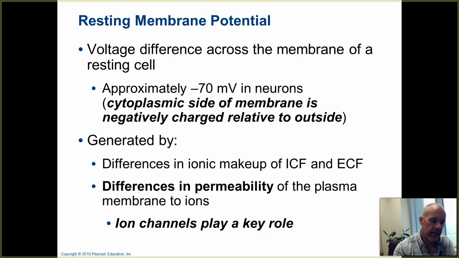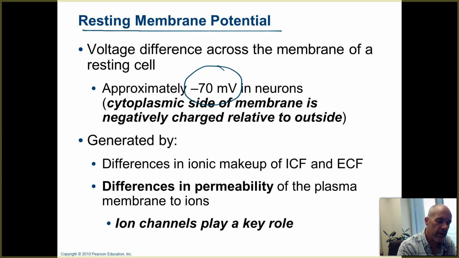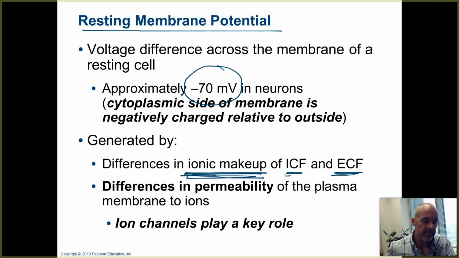Okay, so again, I think I've probably covered most of this already on the diagram. Resting membrane potential, typically the value associated with that in a motor neuron is minus 70 millivolts. And how is that maintained? How is it generated? It's the difference in the ionic makeup, the differences in the concentrations of your positive and negative charges in the ICF, intracellular fluids, versus the ECF.